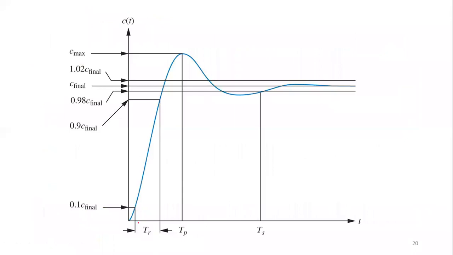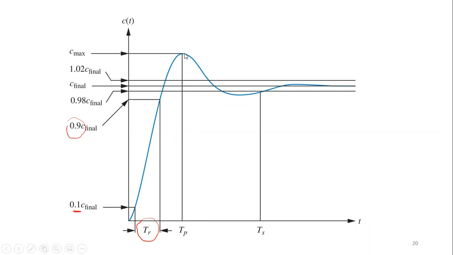The first is the rise time, from 0.1 to 0.9. The second one is the peak time, where it reaches the peak here. We need to know that.